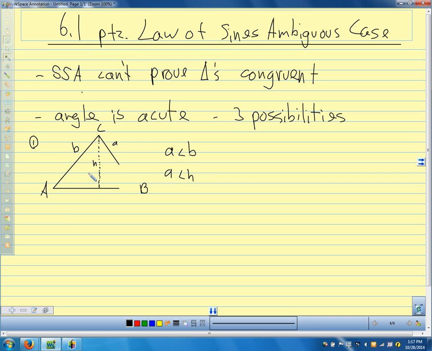So today we're going to have to figure out if we do have an ambiguous case. What was different with those is they were set up so that they would work. The ones you get tonight are not always set up so that they only work one way. So if a is smaller than b and a is smaller than h, we have no triangle possible.